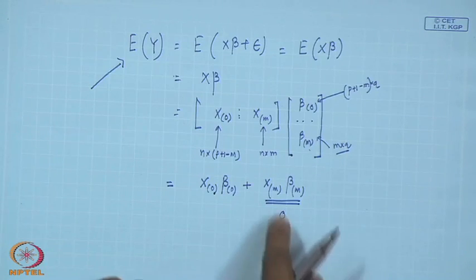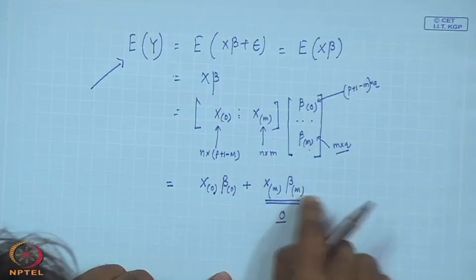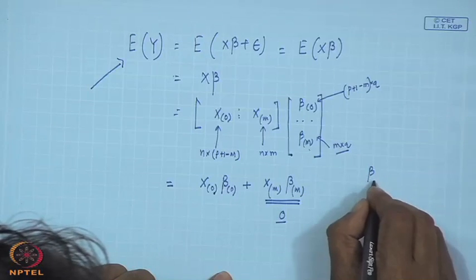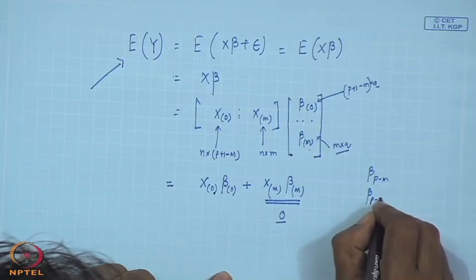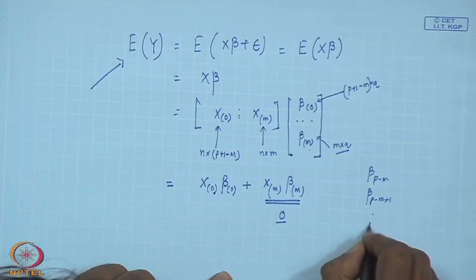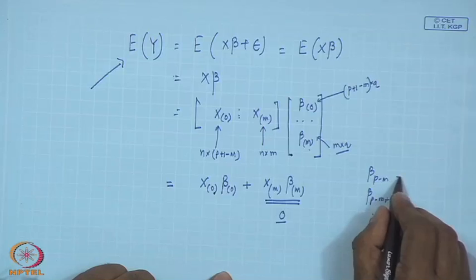Your x m beta m, with beta P minus m plus 1 up to beta P, everything is 0.